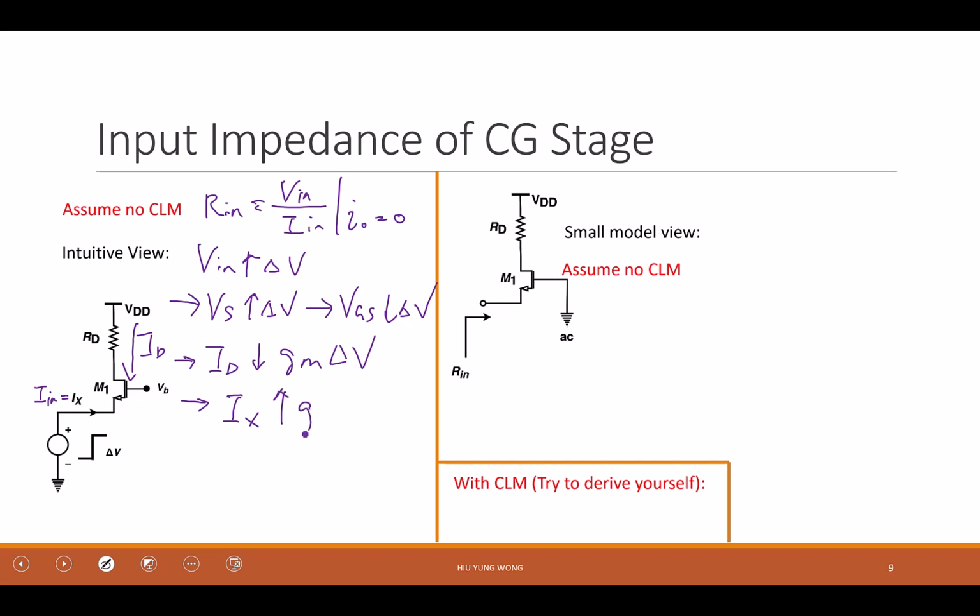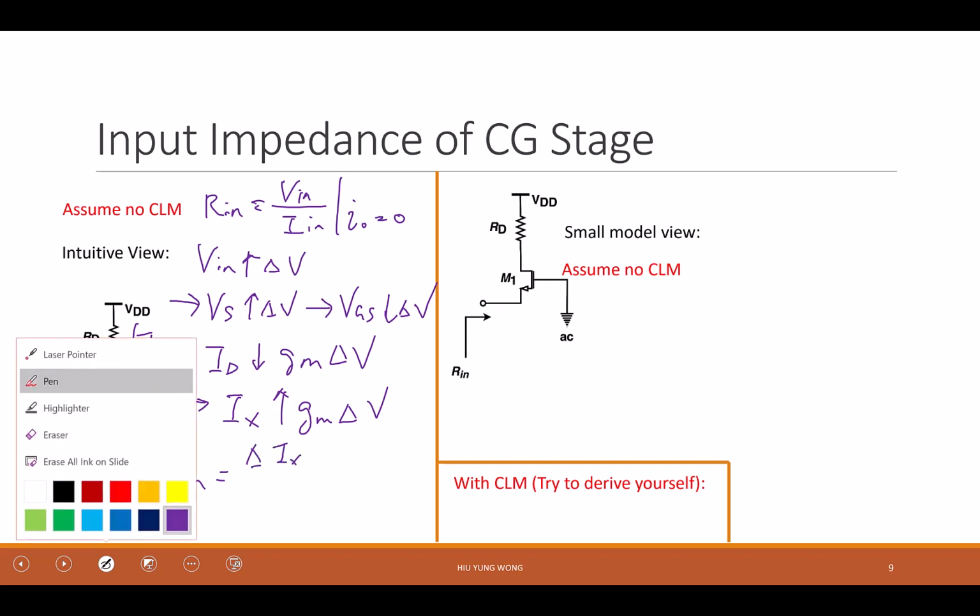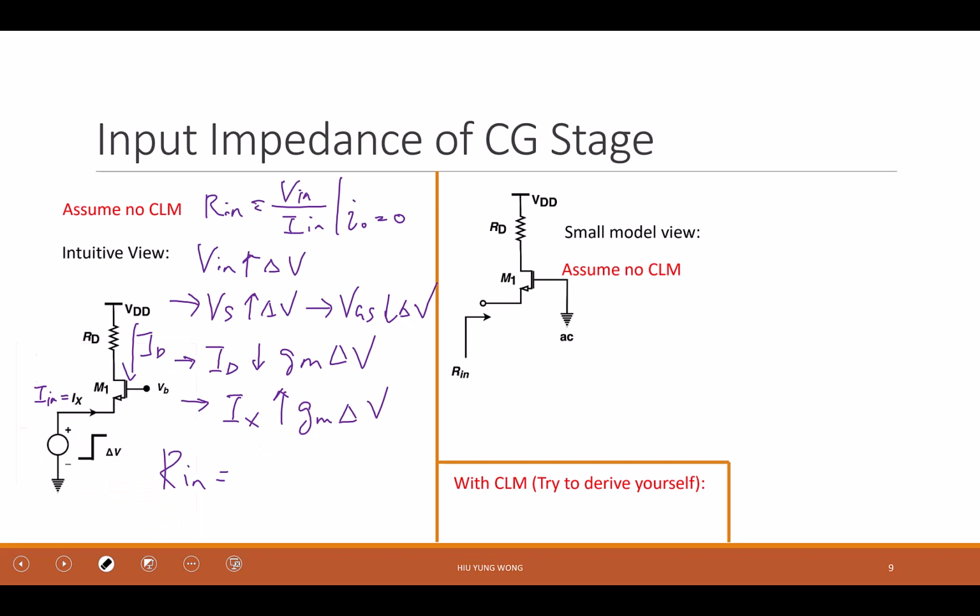Increased by Gm delta V. Right? So the input impedance is delta V in divided by delta I in, right? Which is delta Ix.